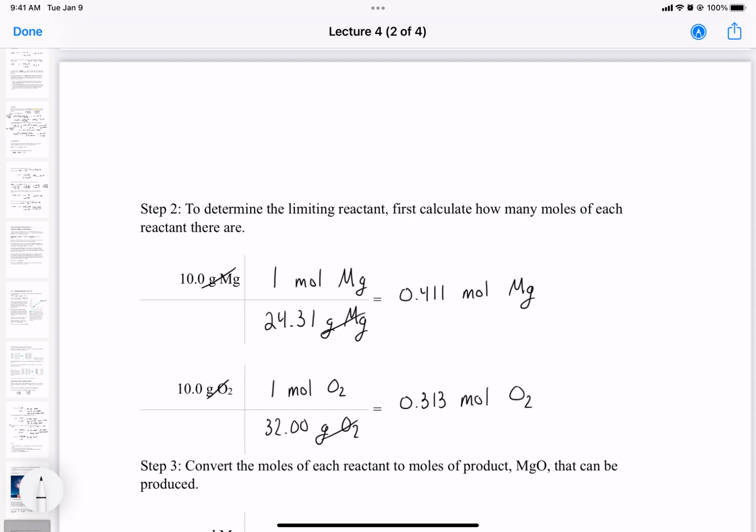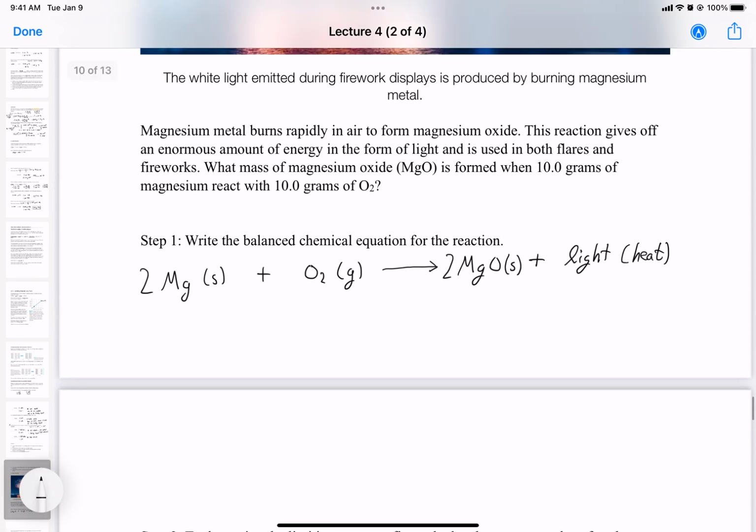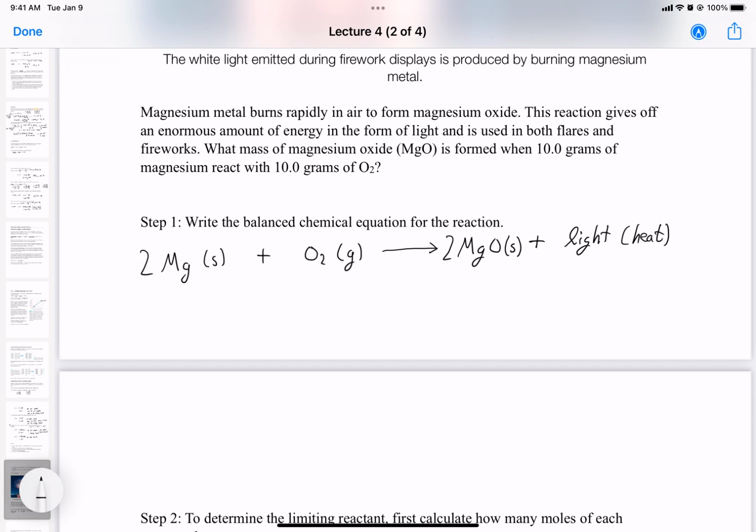A common misconception is that students will choose the reactant with the lesser amount of moles as the limiting reactant. That's a good rule of thumb if your chemical equation is in a 1-to-1 ratio of the reactants. But if we scroll up here, we notice that for every mole of oxygen, we require 2 moles of magnesium.